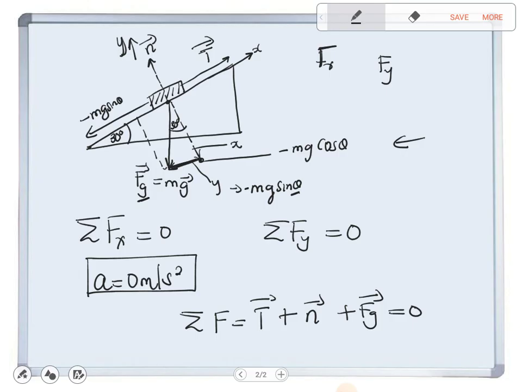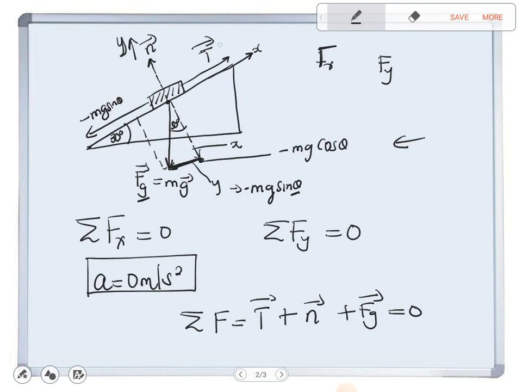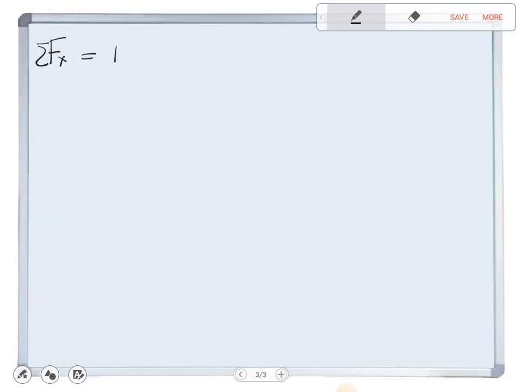Now let's find for the x-axis. In the x, which one do we have? We have the tension. We also have this one here. You can see it's in the x there, right? So we have tension minus mg sine theta.